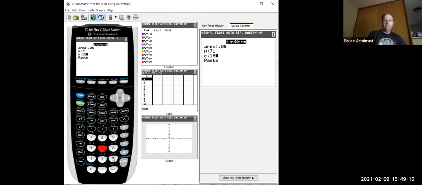All right, so I hit enter again. So this is what we're going to do. We're going to do the inverse norm of 0.08 because we want 8%, and our mean and our standard deviation are 71 and 15. So I hit enter. And it spits out this number. So 49.9, roughly 50, right?